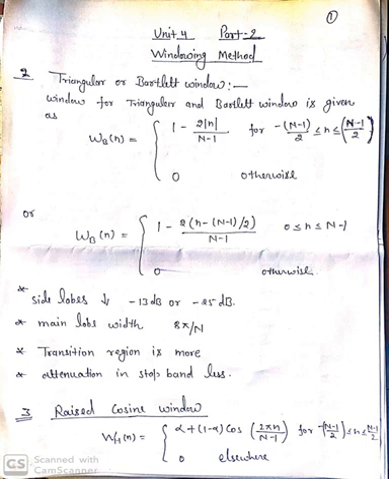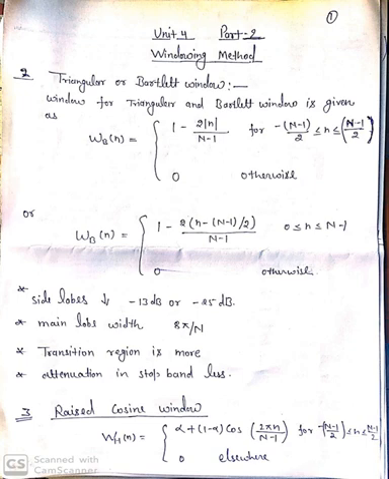Or we can write w_B(n) equals 1 minus 2 times mod of n minus (N minus 1) divided by 2, divided by (N minus 1), for small n varying from 0 to N minus 1, and zero otherwise.